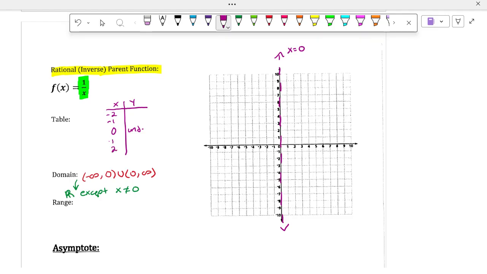So -1, -2, and 1, 2. So if I plug in -2 into my function, what would I get? -1/2. If I plug -1 in there, what do I get? -1. If I plug 1 in there, 1. What about 2? 1/2.